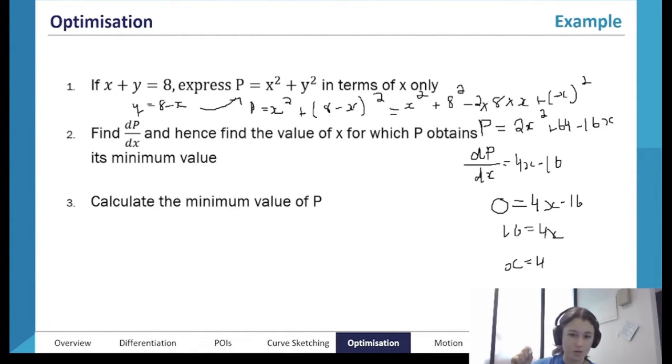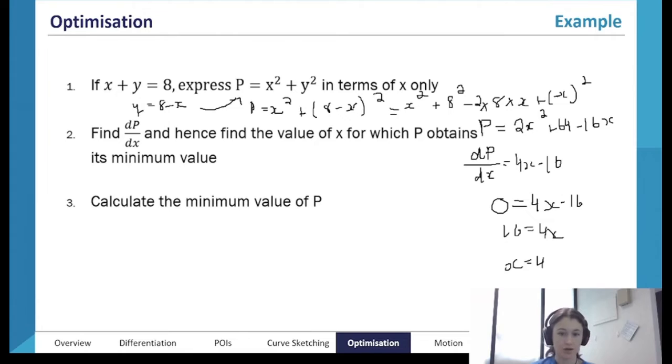Because otherwise you will lose marks, which seems brutal, because we know that there's only one stationary point on this curve, but it's asked to find the minimum value, so we do need to prove this is a minimum. You can do this in a few different ways. If you have a quadratic, you can just say, well, like we do here, a quadratic only has one stationary point, therefore this has to be a minimum.